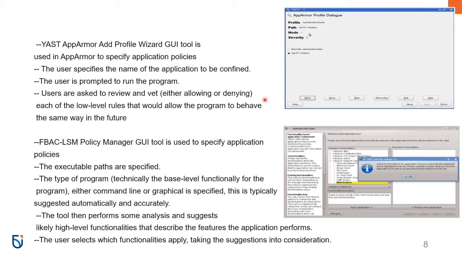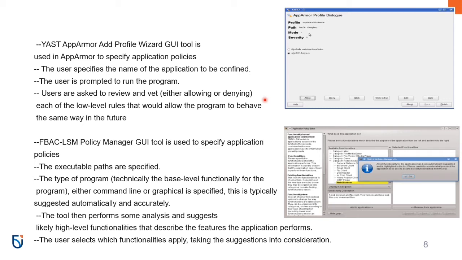Now let's see how we can create policies through a functional based access control mechanism. In functional based access control, a tool called the policy manager GUI tool can be used to specify application policies. The steps involved in creating policies are as follows. First, the executable paths are specified.